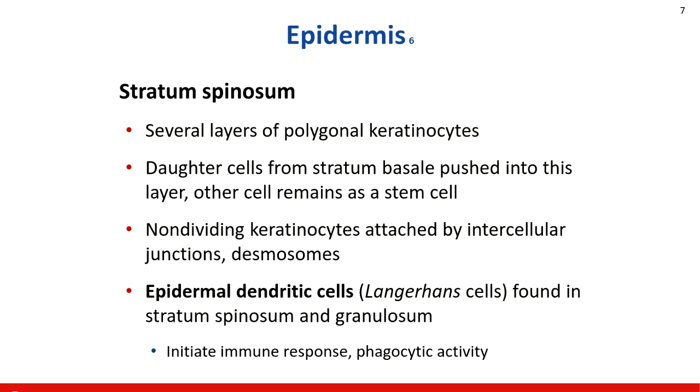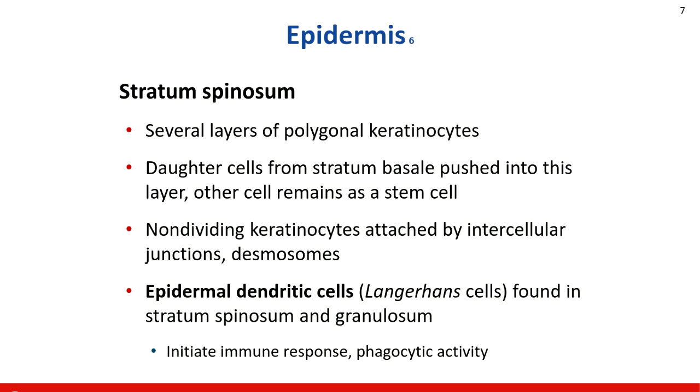The other one, what we call a daughter cell, will migrate superficially and move towards the surface of the skin. So it'll move into this layer, the stratum spinosum. This layer has several cell layers to it. As soon as one of the cells has divided, one will stay in the stratum basale, and the other one will migrate into this layer here.